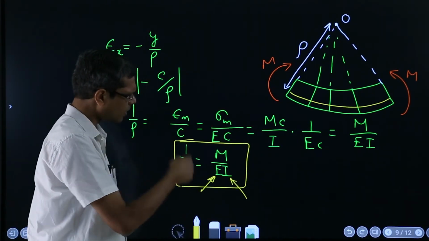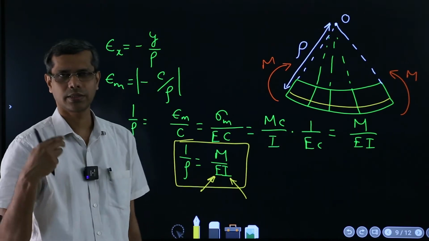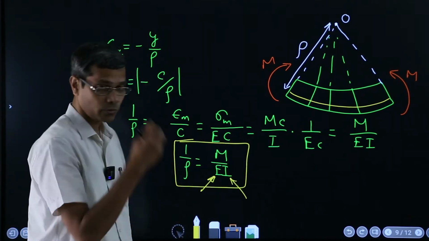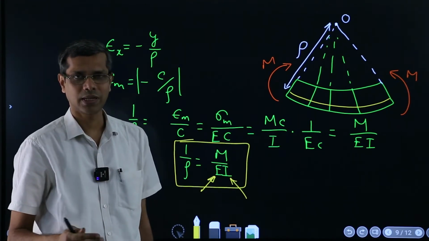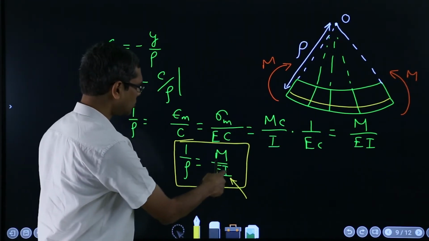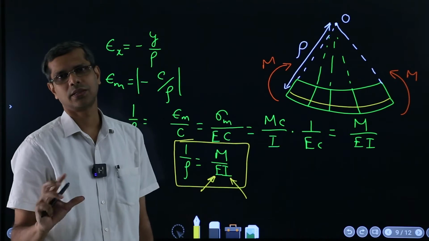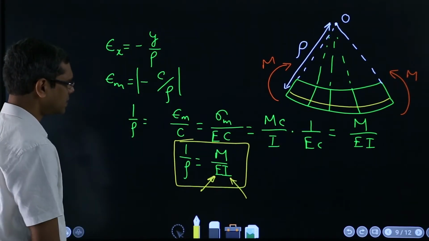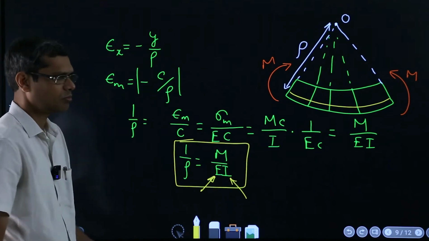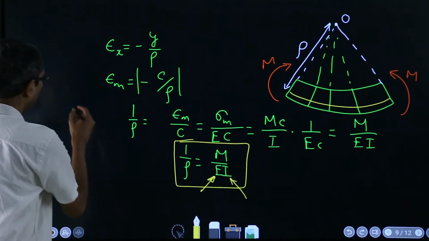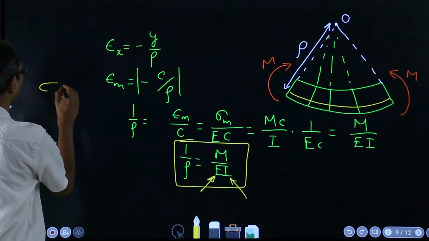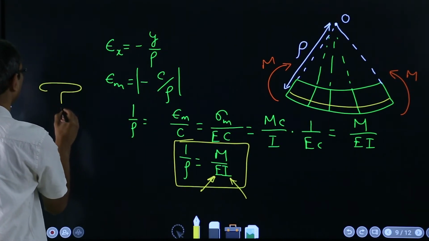Similarly, if all other things are constant, say the same moment and the same material, but you want the bend to be less, what you need to do is somehow increase the moment of inertia, and that precisely is done, you must have seen cross sections like this, right?